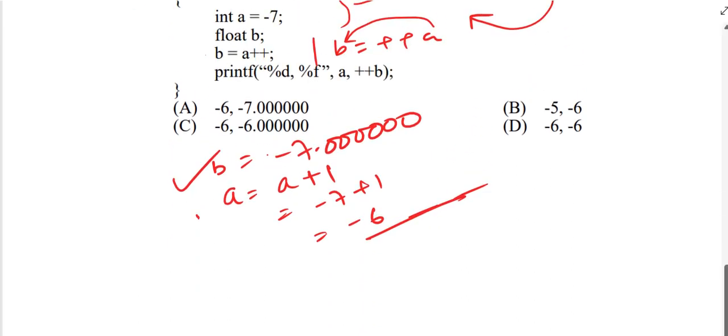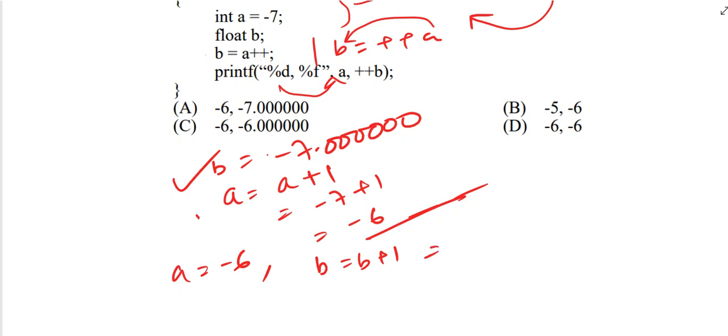Now print the value of percentage d, that means a. Format specifier percentage d will print the value of a. Now the value of a will be minus 6, and here plus plus b means the value of b will be incremented by 1, then assigned to b.